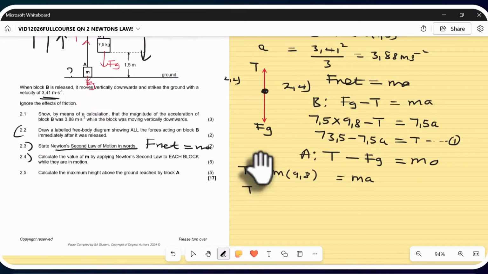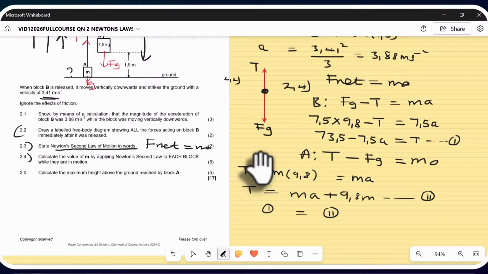So from here now, because the two equations are both tensions, you can say equation 1 equals equation 2. By the way, we have the acceleration. Better put it here. So I'm going to say that our ma plus 9,8m is equal to equation 1, which is 73,5 minus 7,5a.